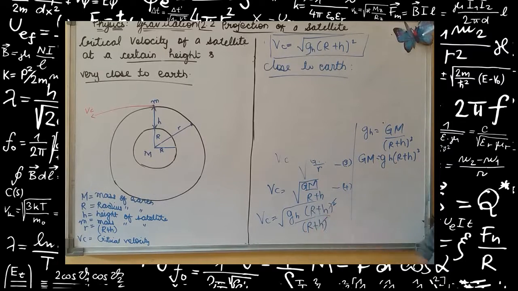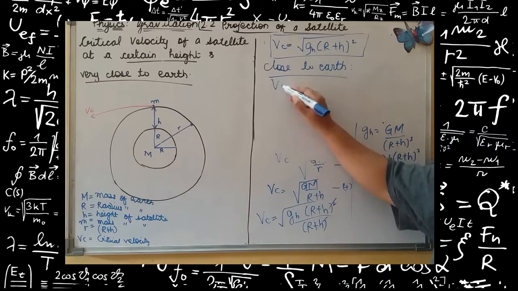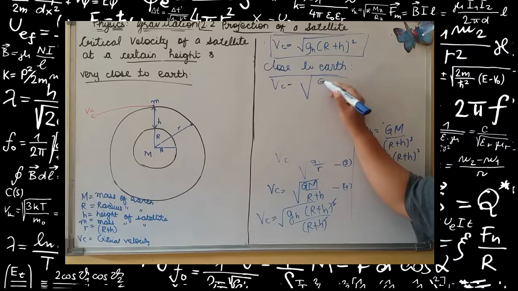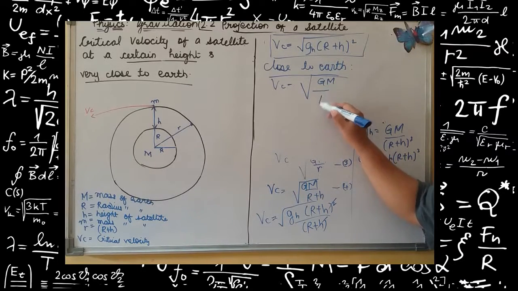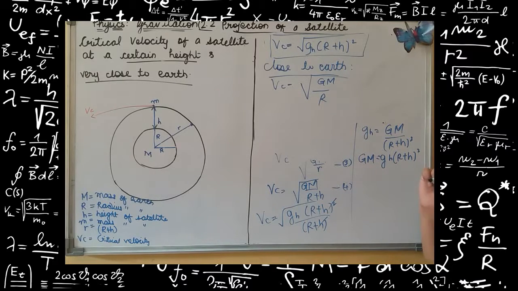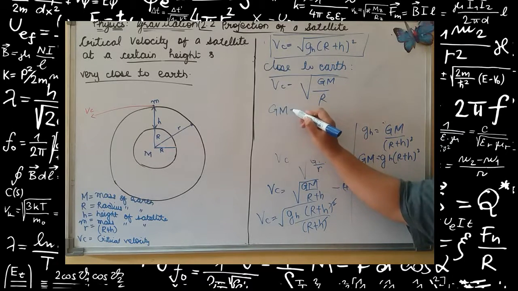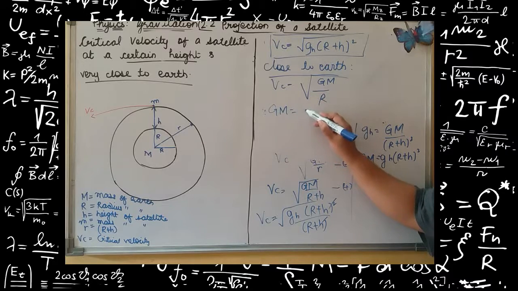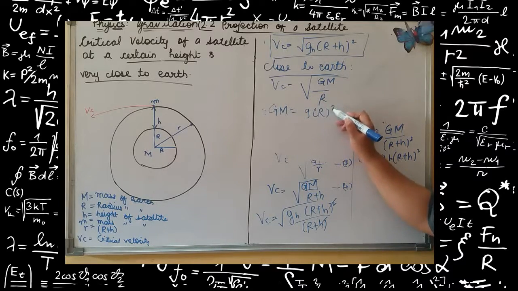First of all, our equation 4 would become Vc is equal to under root of GM upon capital R. Since it is very close to Earth, there is no need of height, so this would be our equation. And like this we can write GM is equal to gR square, correct?